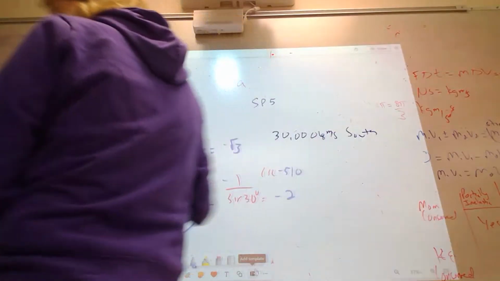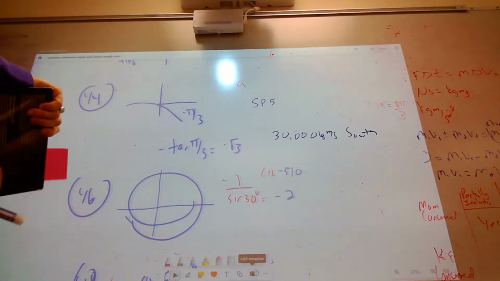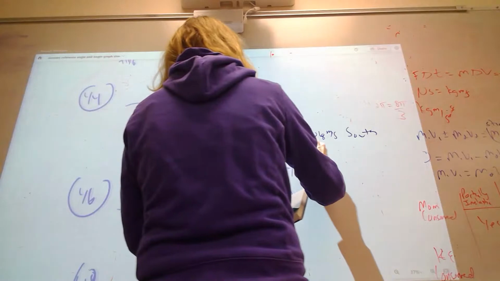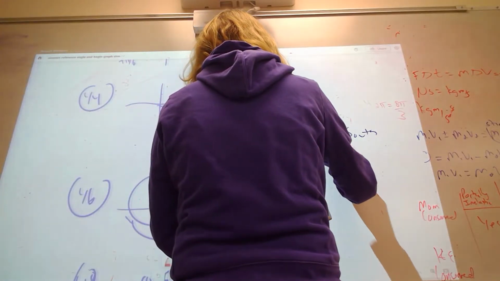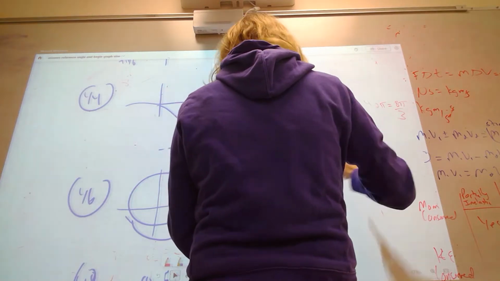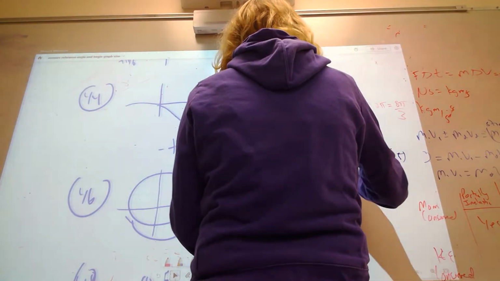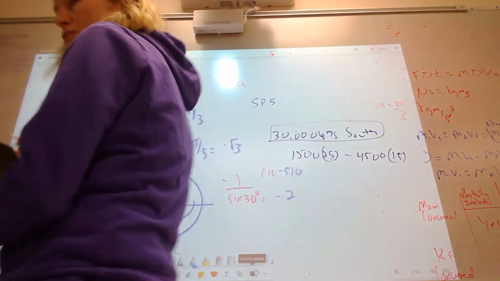Okay, the test is Monday, right? So you want to understand this stuff. We had something moving north and something moving south. So it was 1,500 times 25. They're going in opposite directions, so you wanted to subtract them. The other one's moving south, so minus 4,500 times 15. You get the difference between the two, and it's 30,000.